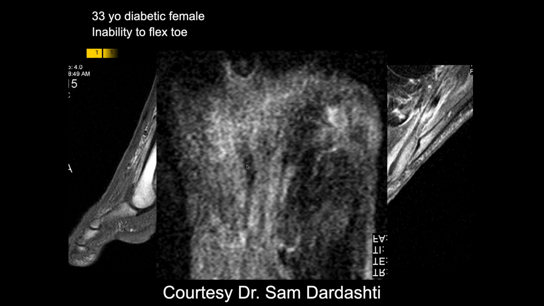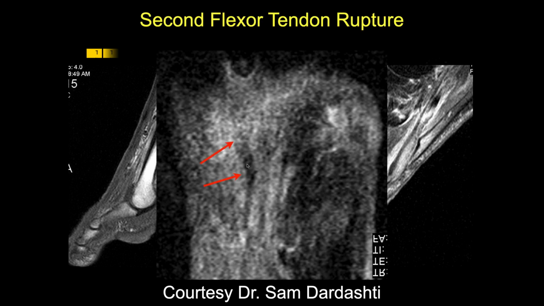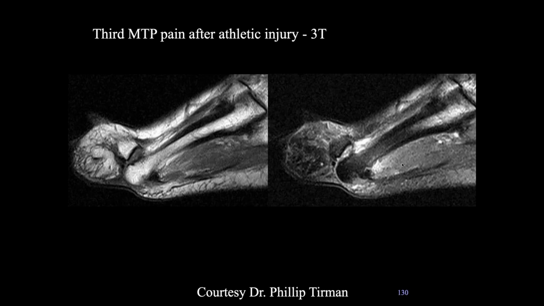Yeah, this is a rupture of the second flexor tendon, and this was all infected. And one of the risks when you get an infected tendon is rupture. So this was an infected diabetic ulcer, which then got infection in the second flexor tendon sheath, and ended up with a rupture of the tendon.